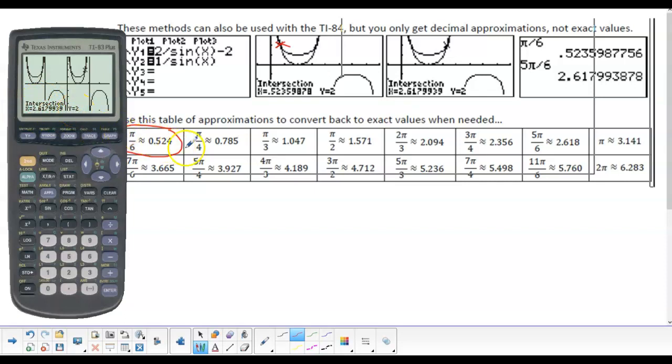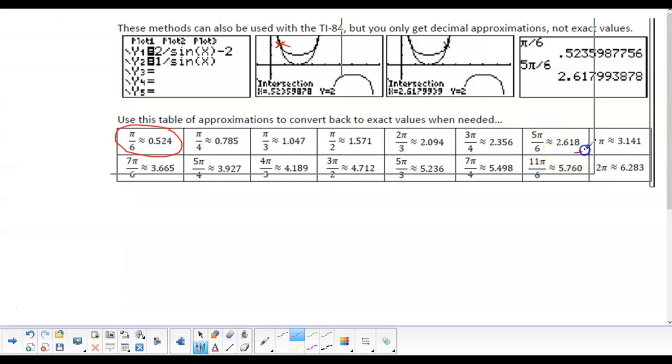So I come over to my table, and pi over 4 at 0.785, that's too small. Pi over 3, 1.047, that's too small. Pi over 2 is too small. 2 pi over 3 is too small. 3 pi over 4 is too small. And then here it is, right? At 5 pi over 6, it's approximately 2.618.